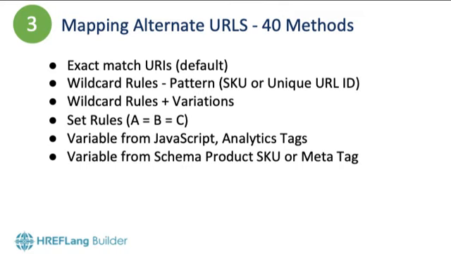If you have any of those, then we can use a wildcard to say basically anything that ends in C or P with the same number are mapped to each other. You can have literal rules that URI A is equal to URI B, and then URI B is equal to URI C. We can extract a variable from a JavaScript or analytics tags.